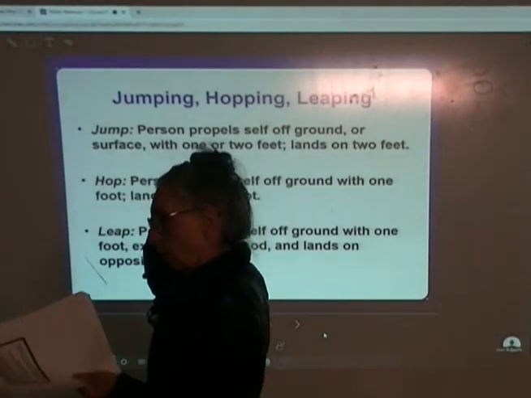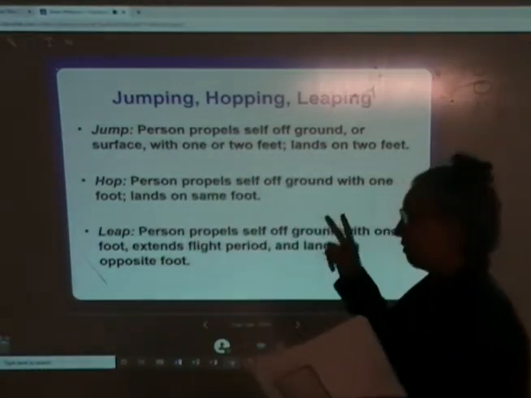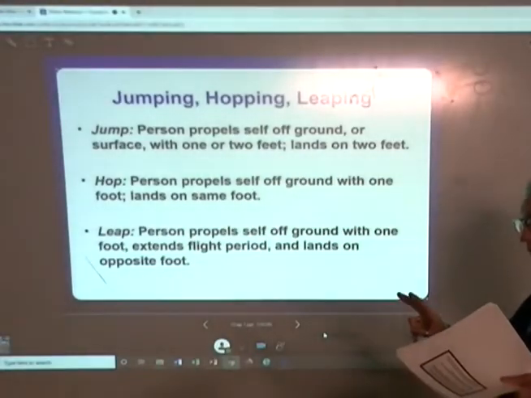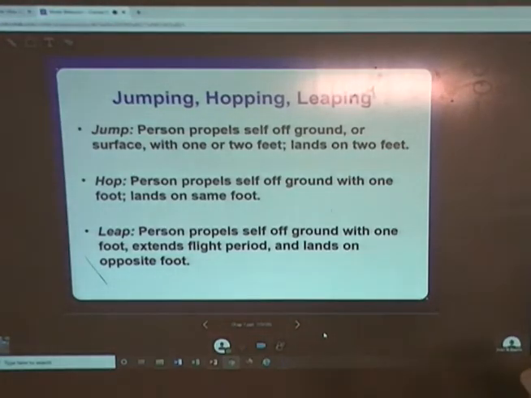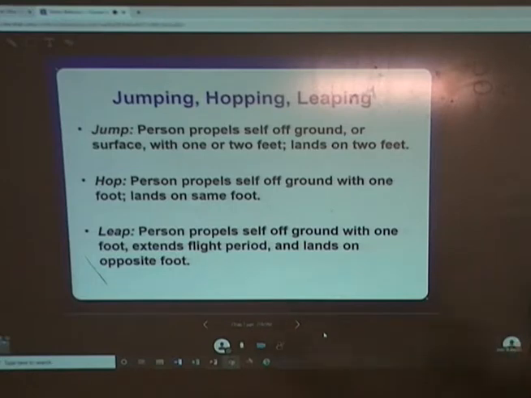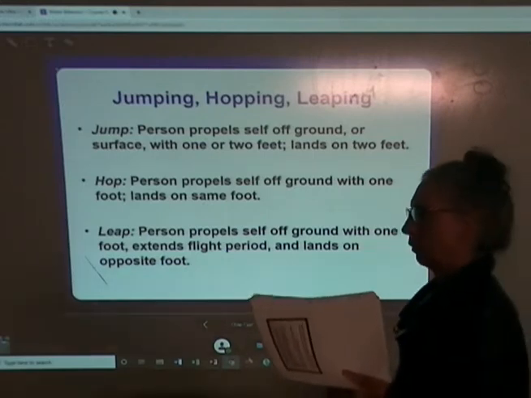Not everybody, depends who you're reading, right? But I have to land on 2 feet for it to be jumping. Hopping is taking off 1 foot and landing on the same foot, right? So this is hopping, okay?